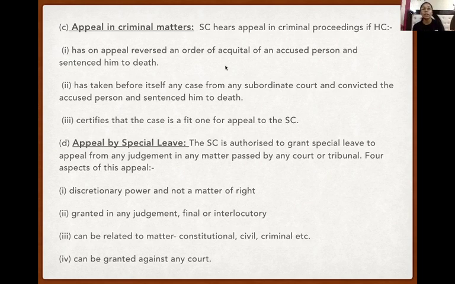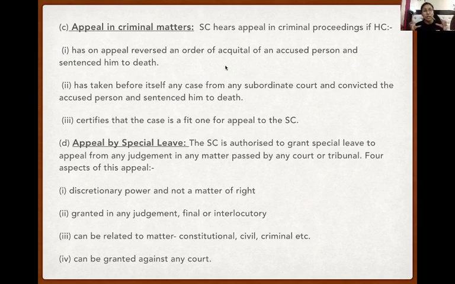उसमें उसको एक्विट कर दिया गया, उसमें बोल दिया नहीं नहीं इन्होंने मर्डर नहीं किया है, लेट हिम गो। ओके, उसके बाद जो ऑपोजिट पार्टी थी उन्होंने हाई कोर्ट में वो केस डाला। अब लोअर कोर्ट ने तो उसको बरी कर दिया था, लेकिन हाई कोर्ट ने क्या किया, हाई कोर्ट ने बोला नहीं ये जो है इन्होंने मर्डर किया है, दैट मीन्स ही विल बी सेंटेंस्ड टू डेथ। ओके, तो अब इसमें क्या हुआ कि एक्विटल ऑर्डर से, ठीक है, एक्विटल मतलब उसको छोड़ देने के ऑर्डर से हाई कोर्ट ने उसका रिवर्स कर दिया, उसको बोला नहीं अब इसको डेथ पनिशमेंट मिलेगी। तो वो जो डेथ पनिशमेंट हाई कोर्ट ने अलॉट की है, that will be basically have to be certified by Supreme Court also.